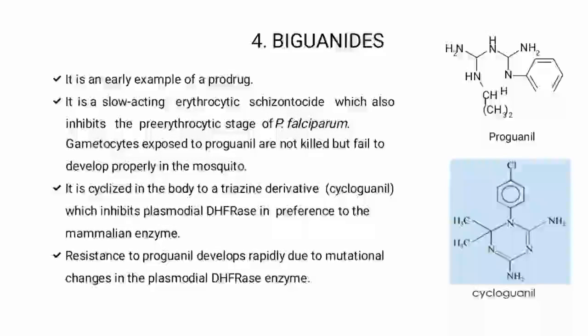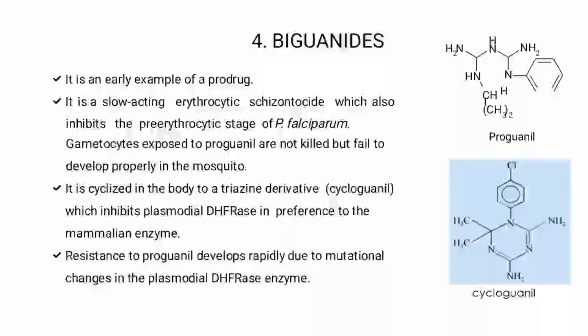It is an early example of a prodrug. It is a slow-acting erythrocytic schizonticide which also invades the pre-erythrocytic stages of Plasmodium falciparum. Gametocytes exposed to proguanil are not killed but fail to develop properly in the mosquitoes.